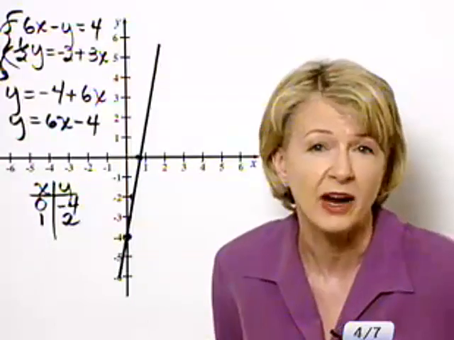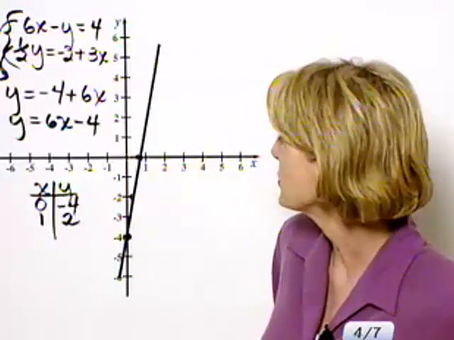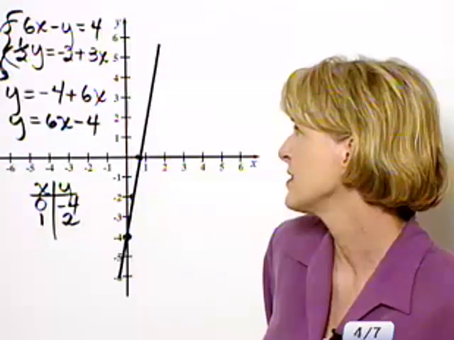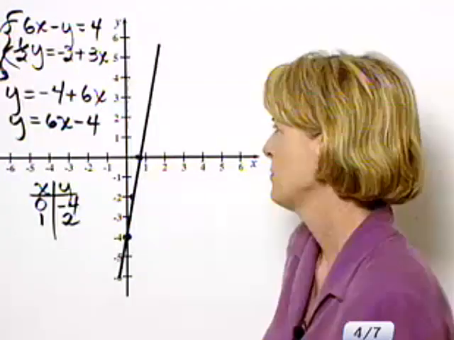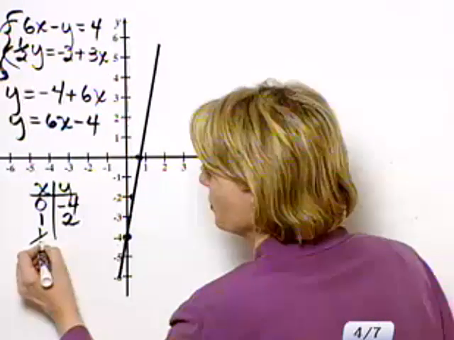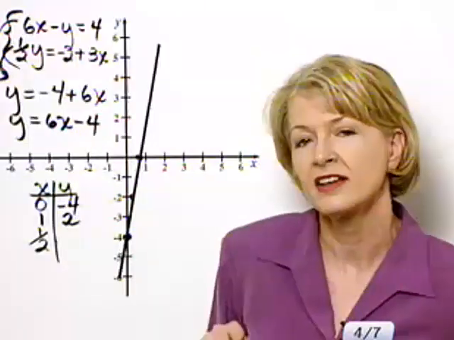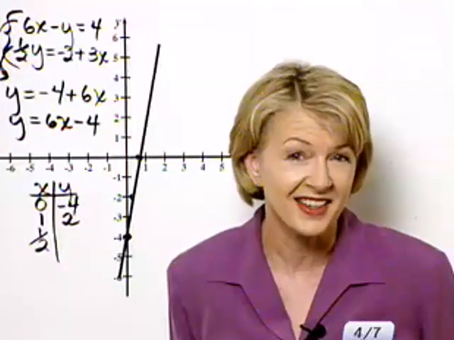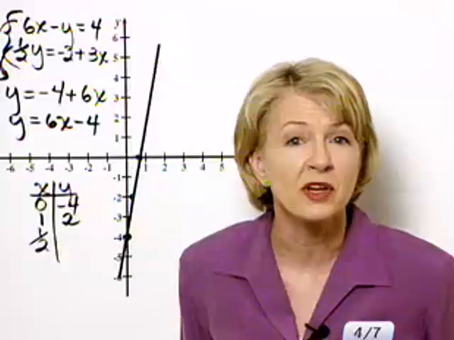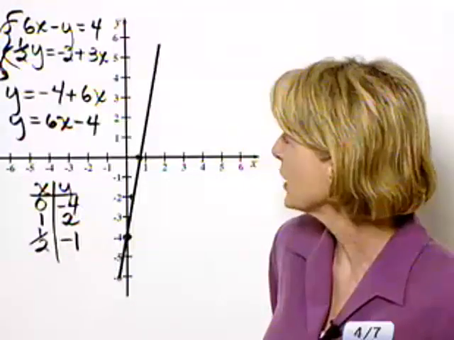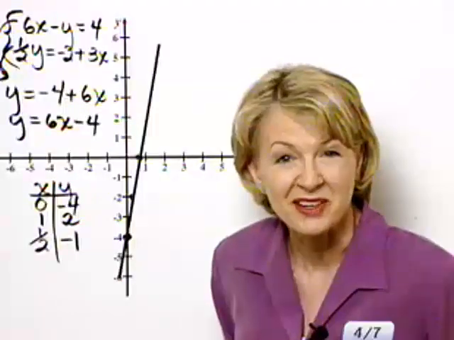We can certainly graph it, but my system goes up to 6 right now, and I don't want to extend it. What if x is a half? A half of 6 is 3, and 3 minus 4 is negative 1. You can double check me on those ordered pair solutions.